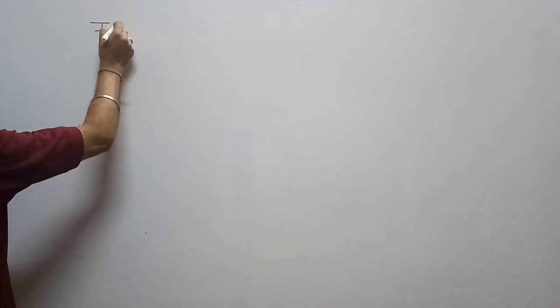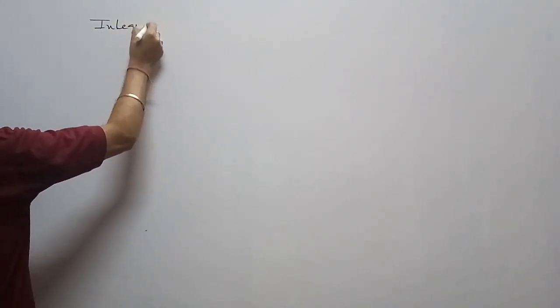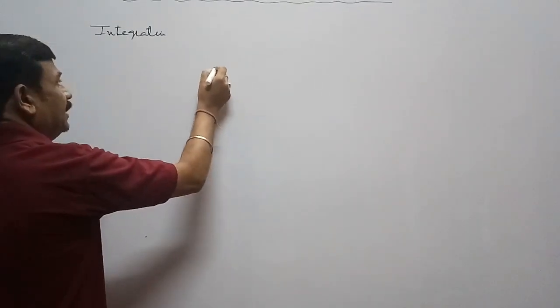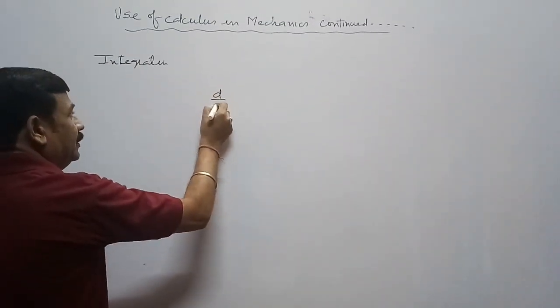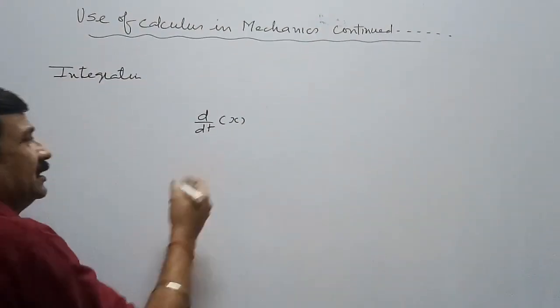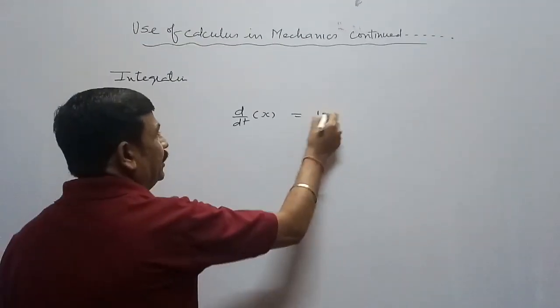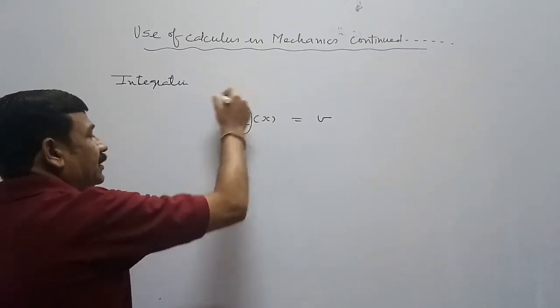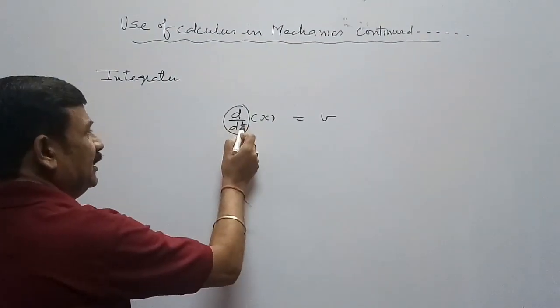Dear students, as we have discussed, when we apply the d by dt operator on distance, we get velocity. This is called the differentiation operator, differentiation with respect to time.